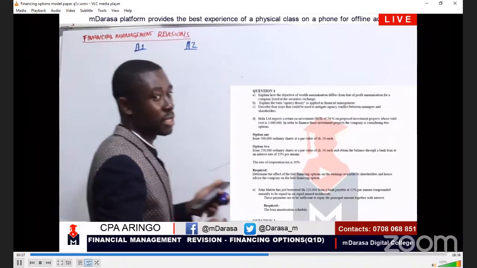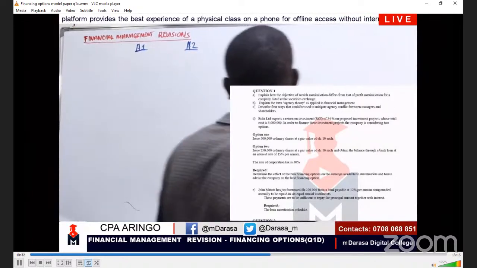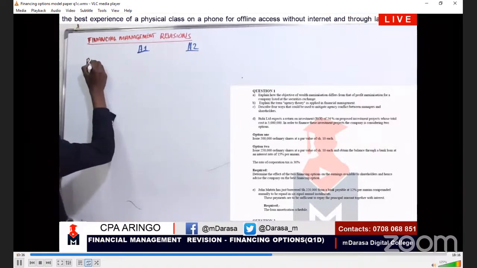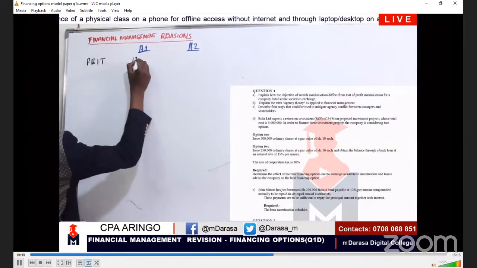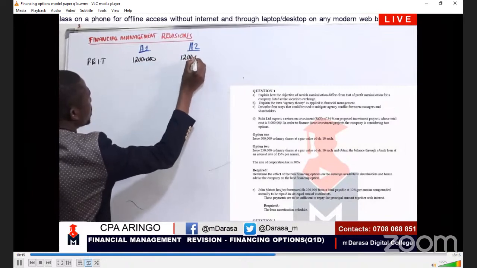I want to have it in a very summary form so that you should all understand. Alternative one, in this case, our profit before interest and tax will just be the same, 1.2, the figure that we just determined, right?